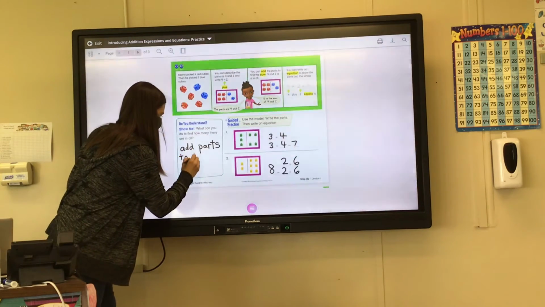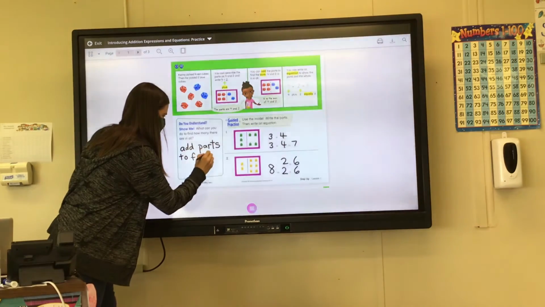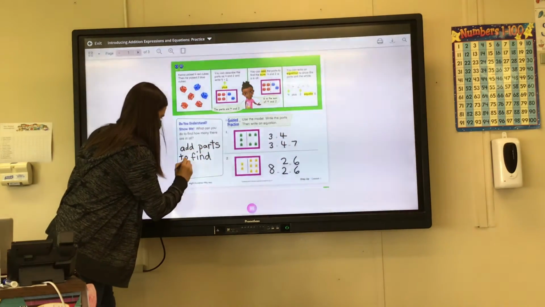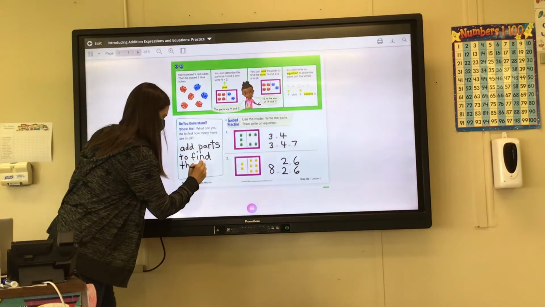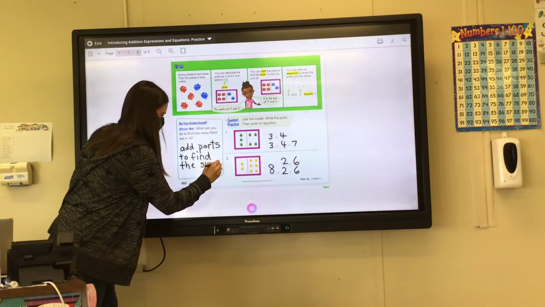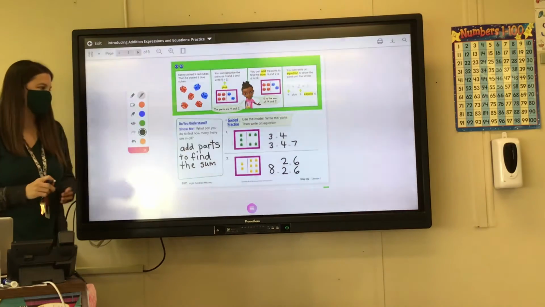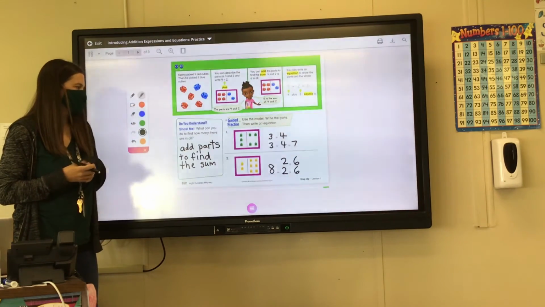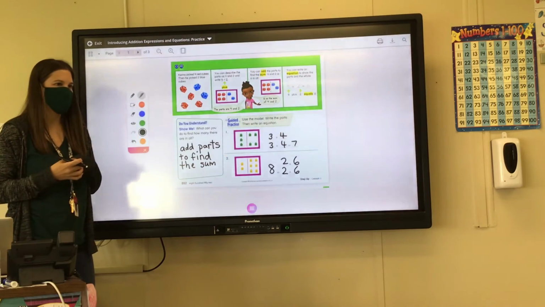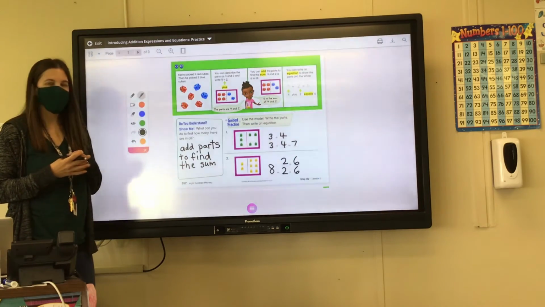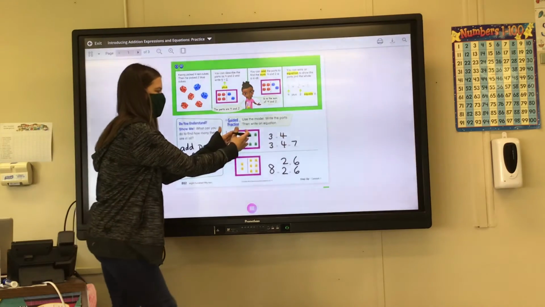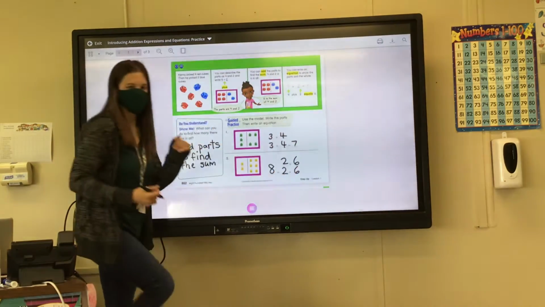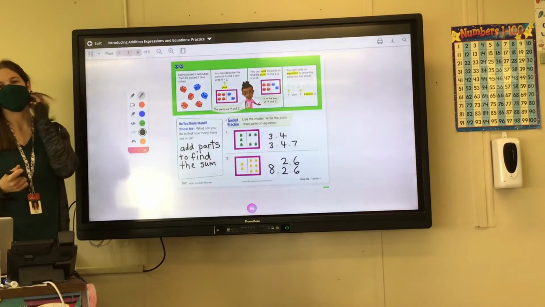To find the sum. So we want to add the parts to find the sum. So that's how you find how many there are in all. Add the parts, here's the parts, to find the sum, which is the whole number. Add the parts to find the sum.